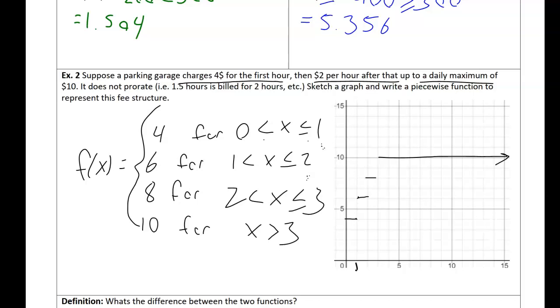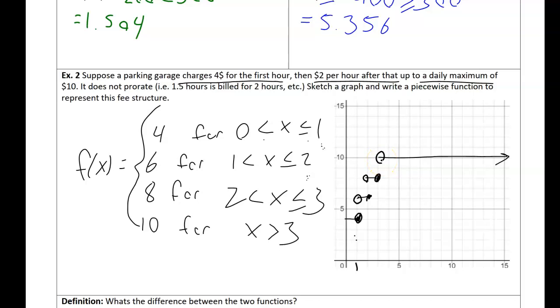So I'm going to make that a little bit more clear by using a closed circle and an open circle, right? So the closed circle is on the piece that we want to evaluate at x equals 1. The open circle is the piece we want to leave out. Same thing here, closed circle, open circle, and then closed circle, open circle.